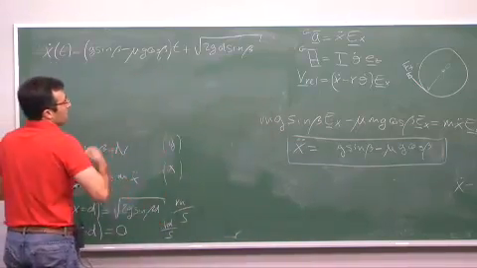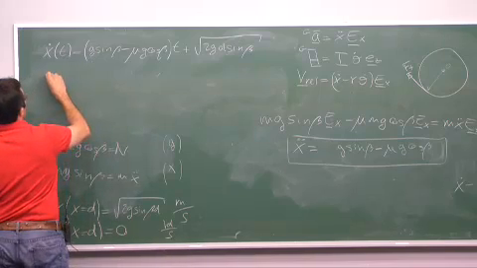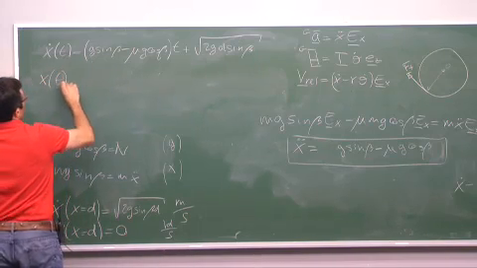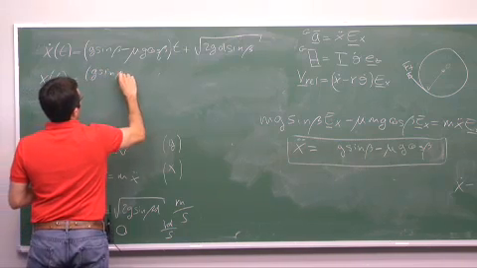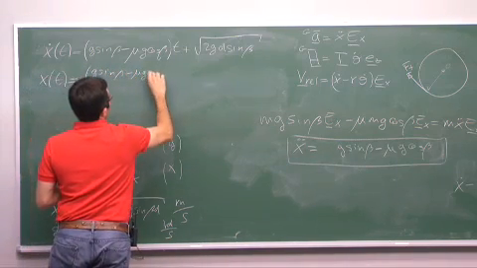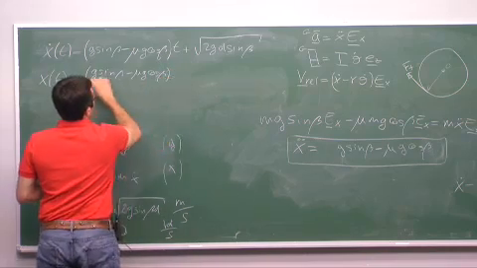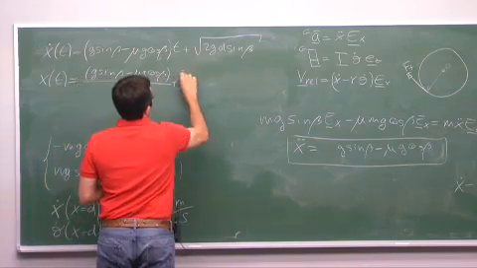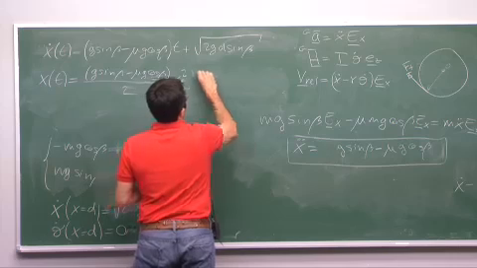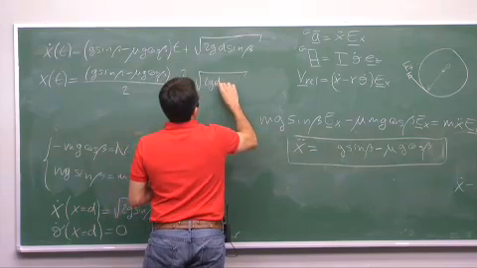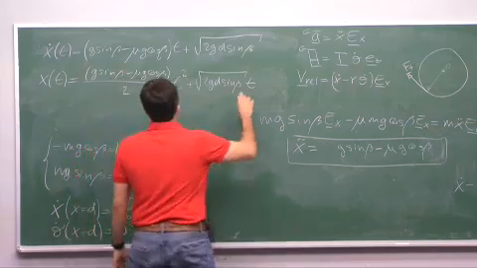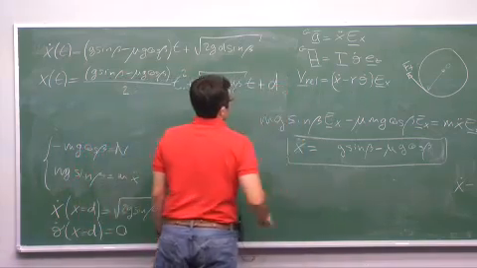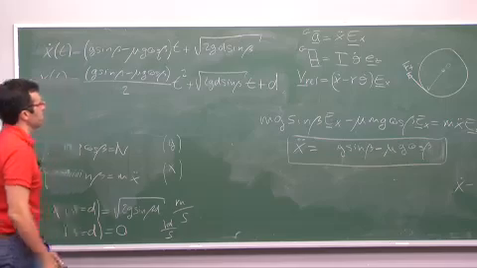The other piece that you would need is integrating this twice, which gives you x of t, which is g sine of beta minus mu g cosine of beta over 2 t squared plus 2g d sine of beta t plus d, which is my initial condition for x.